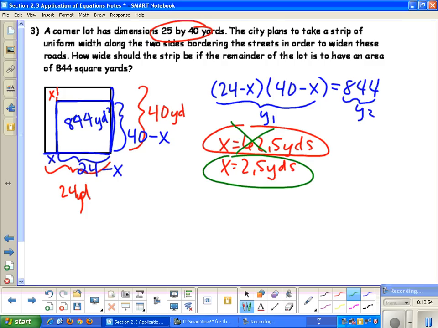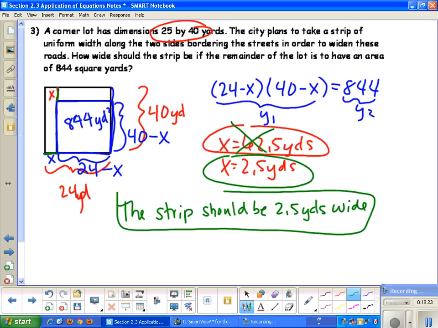So the way that we would write this is that the strip should be 2.5 yards wide. So that would be that length of x that we have right here going around our corner lot.